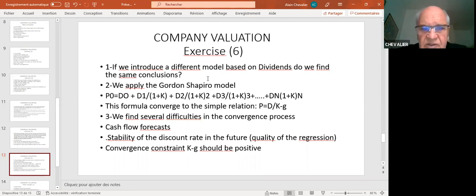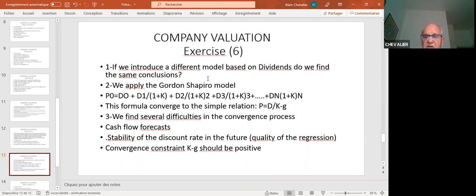Last point here, but I already said that it's not a financial element as well. It's a mathematical element. Those of you familiar with convergence of series know that K minus G in that kind of formula should always be positive. In financial terms, it means the cost of equity should be higher than G, which is the long-term growth rate of the dividend.